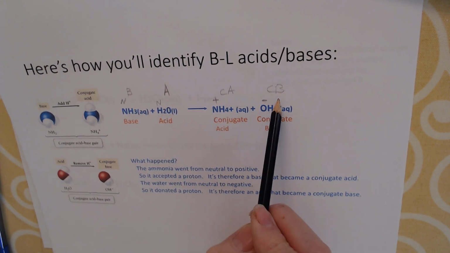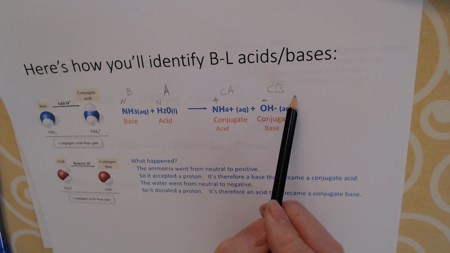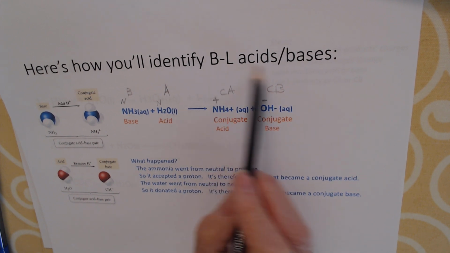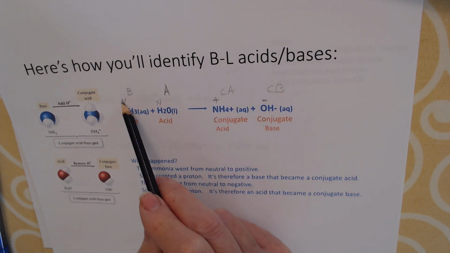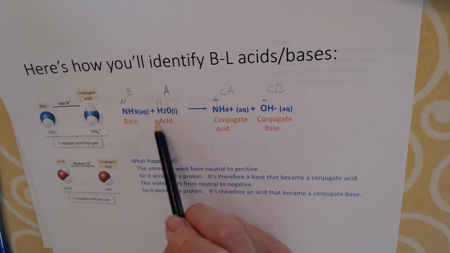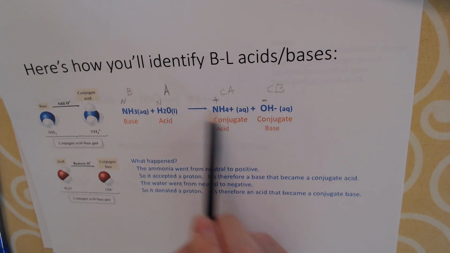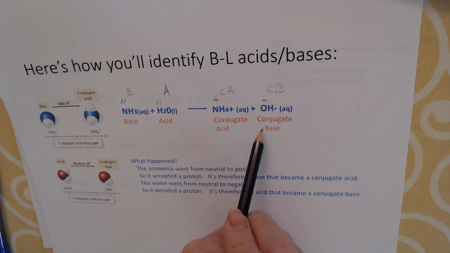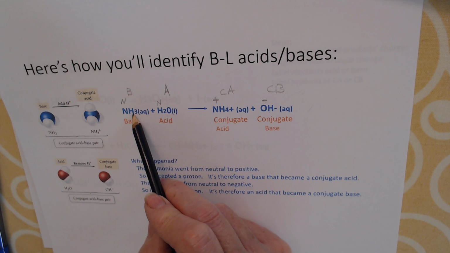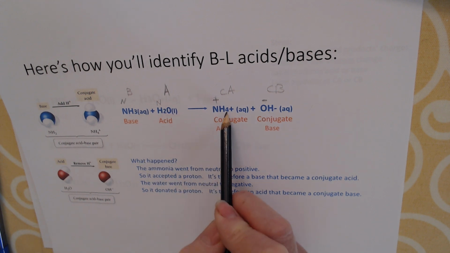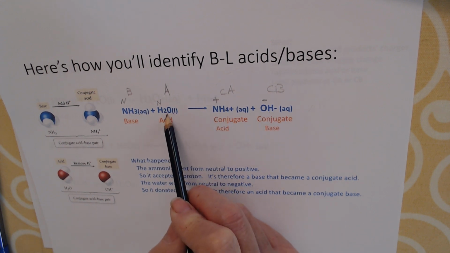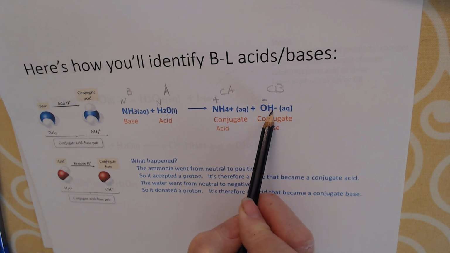My conjugate acids and conjugate bases are always going to be here in my products. Okay, you'll never have a conjugate anything over here. You'll never have anything that isn't a conjugate over here. All right, that's always going to be the case. And whatever was my base here is going to become my acid. Whatever is my acid here is always going to become my base.